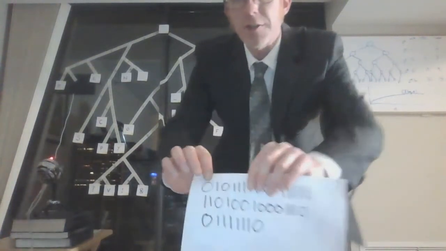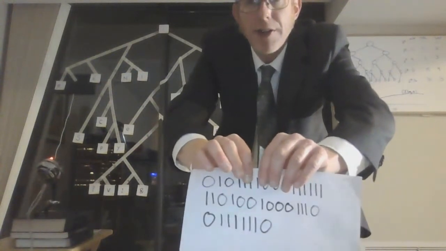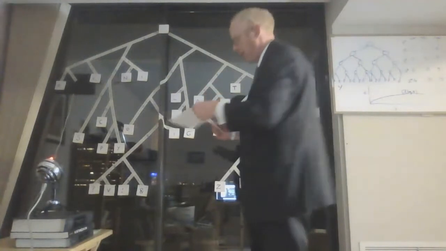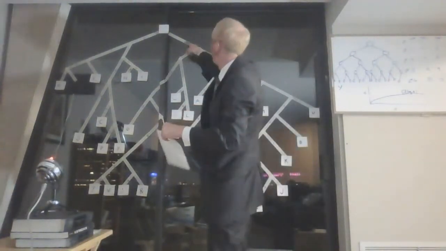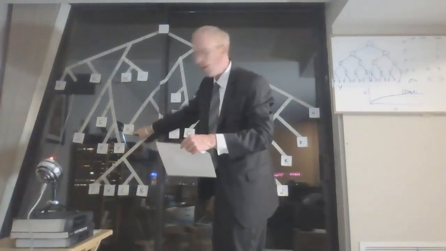So I have 6 bits I've used: 0, 1, 0, 1, 1, 1. And now I start with this next one all the way back at the top again. So I have 1, 0, 0, 0, and that gives me the letter O.